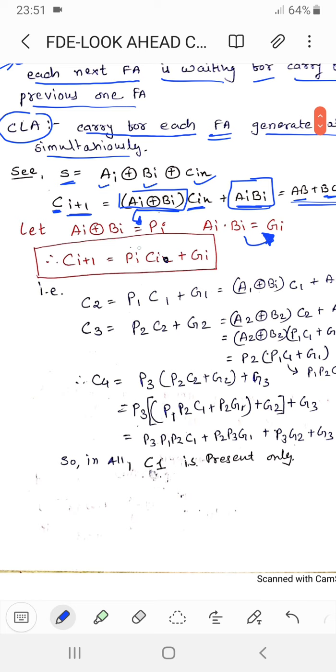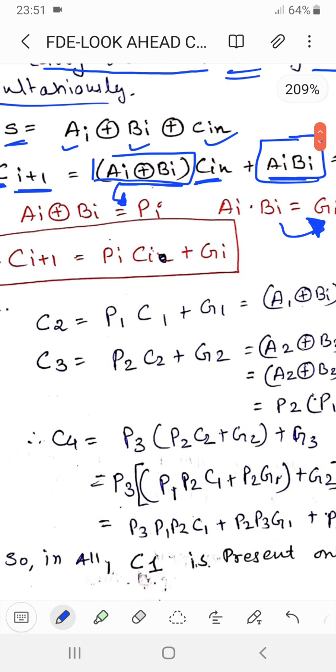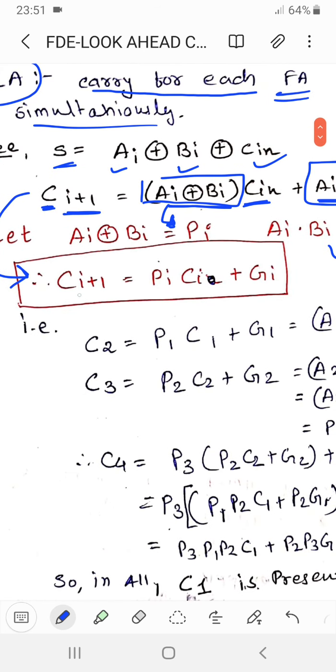So this is the propagation portion and this is the generation portion. Now our equation is replaced with this scheme: Ci plus 1 equals Pi into Ci plus Gi.